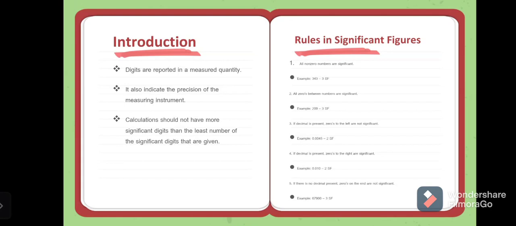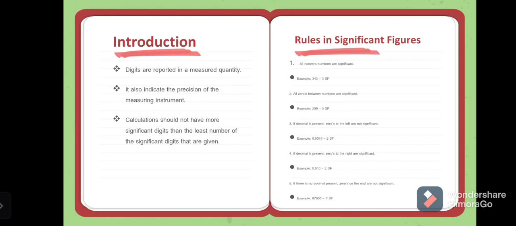Rule number 2. All zeros between numbers are significant. Example is 209. There are also three significant figures because, as said in rule number 2, the zeros between the significant numbers are also counted.